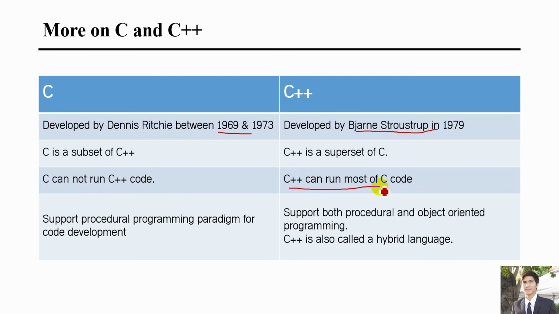It means it has many more features and functionalities than C. So C supports the procedural programming paradigm only for code development, while C++ also includes object-oriented programming. Okay. So this is called a hybrid language. It integrates object-oriented programming. You can create a class, you can create an object from that class, and then you can use the OOP concept, the object-oriented concept.